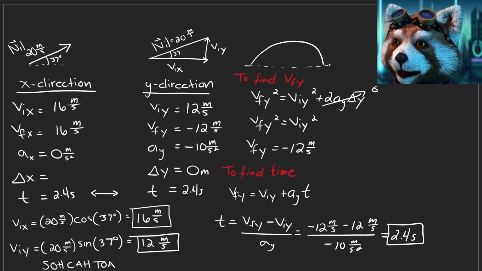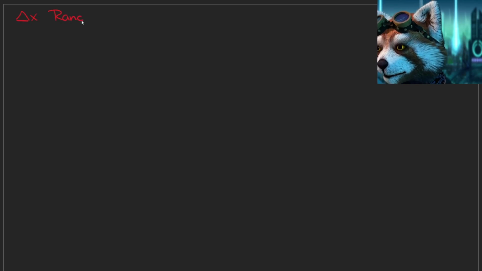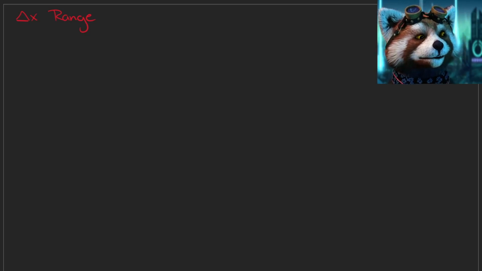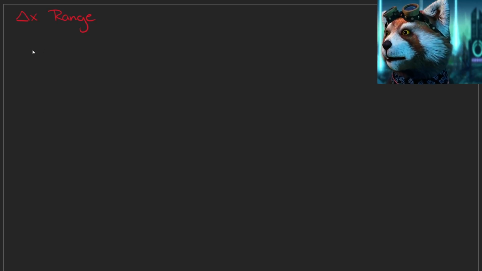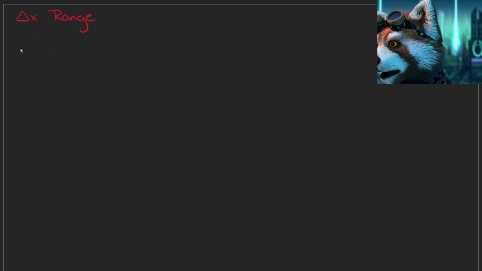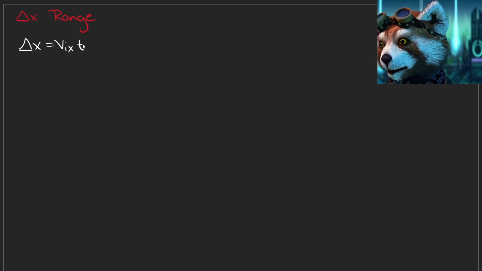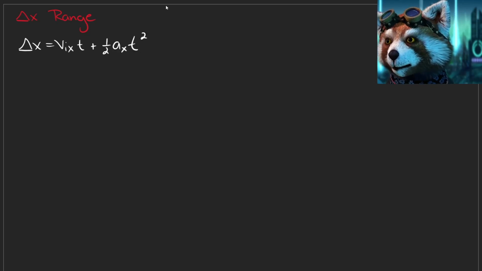All right, now we want to find how far down range does this thing go. So we want delta x. So we want the range. And to find that, well, there's got to be a delta x in it, so let's use equation number 2, that's the easiest one. It's the only one that we can use, and that says that delta x equals velocity initial in the x times time plus 1/2 acceleration in the x t squared.